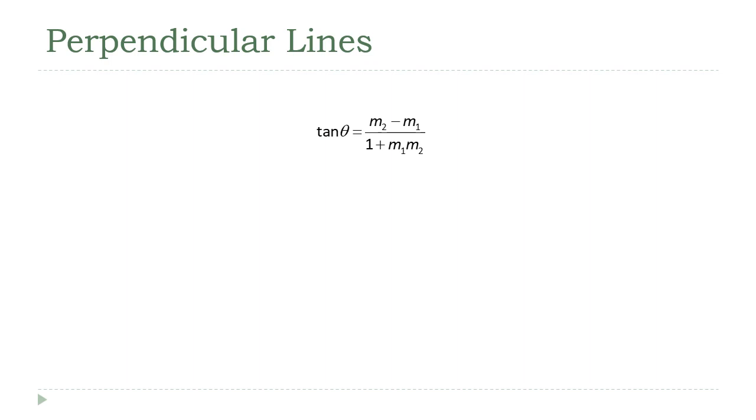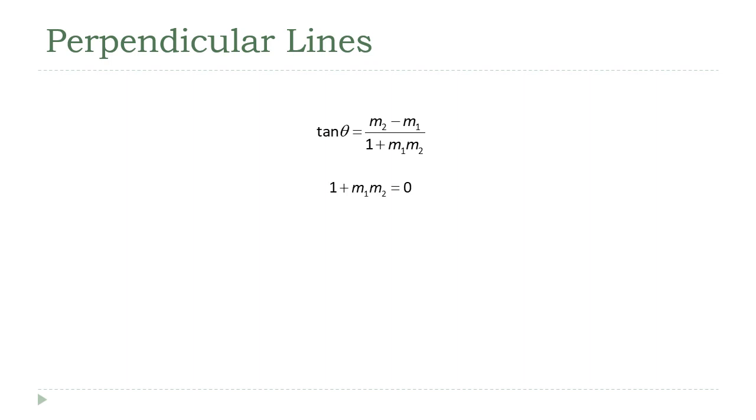If the lines are perpendicular, then theta must be 90 degrees. And if theta equals 90 degrees, then the tangent of 90 degrees is undefined. Well, if the left-hand side is undefined, then the right-hand side has to be undefined. And the only way the right-hand side is undefined is when its denominator is equal to 0.